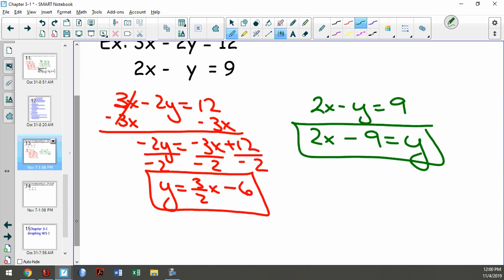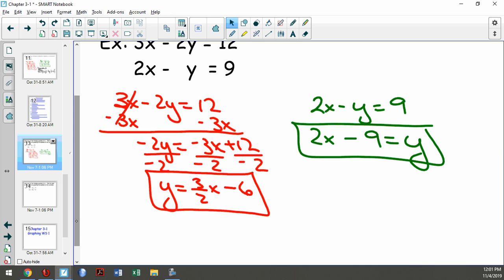To me, it's the same exact thing, right? I subtracted the 9 and added the y. Okay? So you're going to get y is equal to 2x minus 9. Now, do you see these 2 things? You automatically know the slopes are different, right? So since the slopes are different, you're going to have one independent point of intersection, yes?